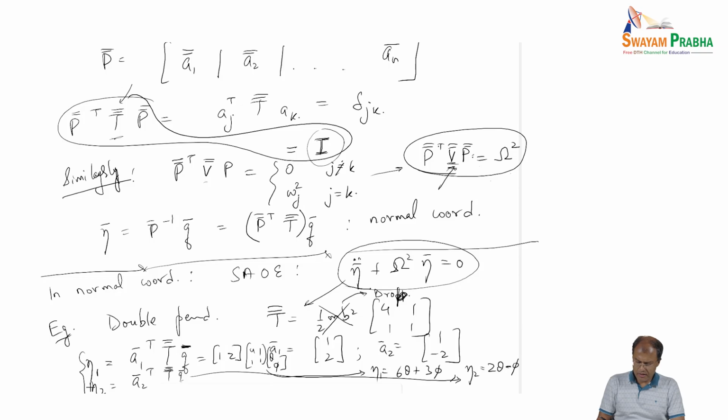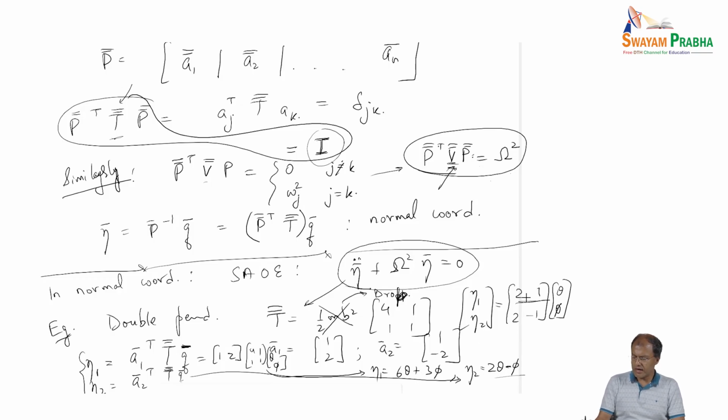So if we were to write this entire result in matrix form, then eta 1 and eta 2 have the form given by 2 comma 1 and 2 comma minus 1 times theta comma phi. If we divide eta 1 throughout by 3, we will get 2 comma 1, and in the other one 2 comma minus 1.